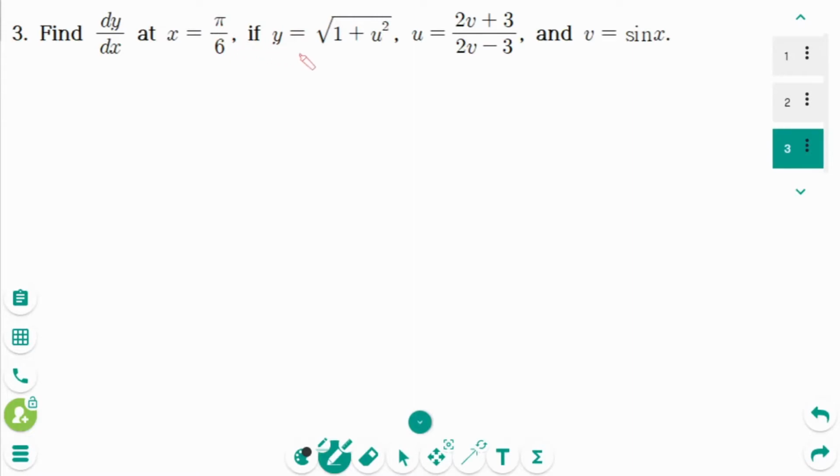Number 3, y equals the square root of 1 plus u squared is a differentiable function of u. Y equals (1 plus u squared) to the power of 1 over 2.